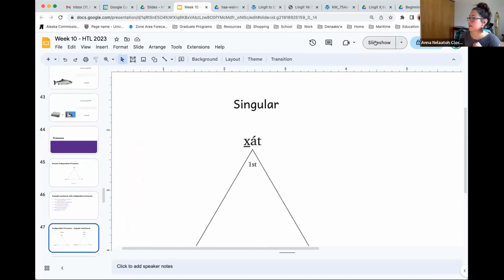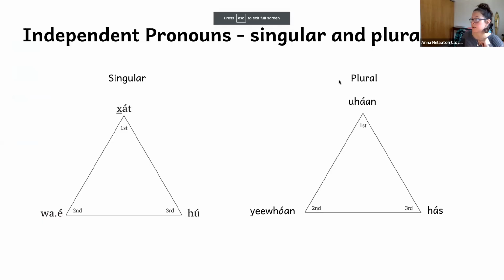We looked at these same independent pronouns. The first three we focused on were all for singular people. Me, you, them, singular. And there's also plural forms for talking about ourselves the same way.